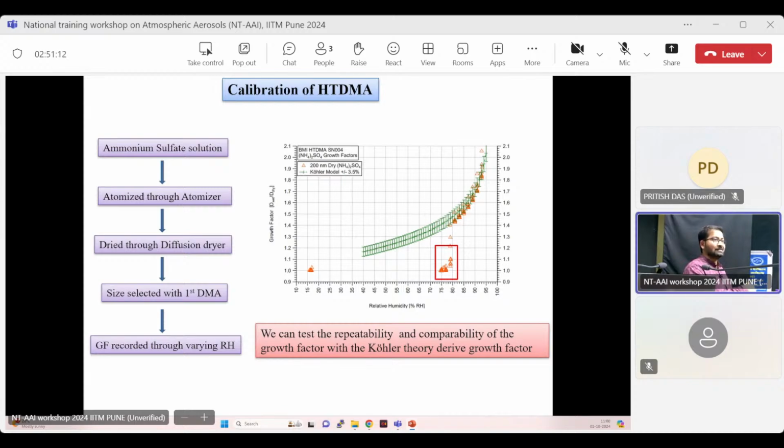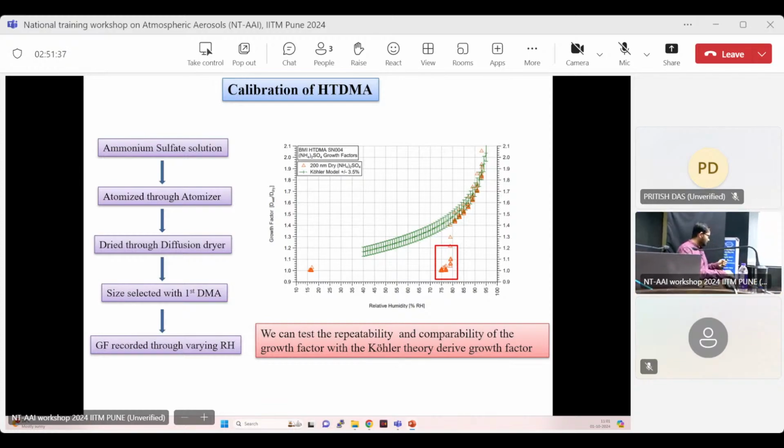Can you guess the reason for this delay? I mentioned it in very early slides. It's because of the deliquescence point. An aerosol particle needs to be dissolved first in order to act as CCN. So this delay is because of the deliquescence point. But once the particle reaches that deliquescence point, it tends to follow the same theoretical curve.